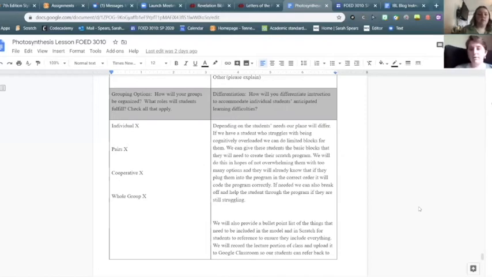So for differentiation, we're going to be providing additional materials for all students. So that way the students that we know may need them have access to them. And so what we're going to be doing for the differentiation is for the Scratch program, we're going to be giving them a list of blocks so that they can see the exact blocks that they'll need to complete the assignment.